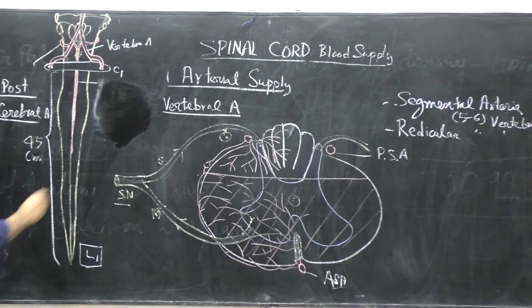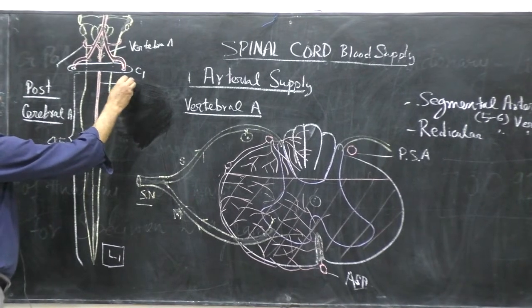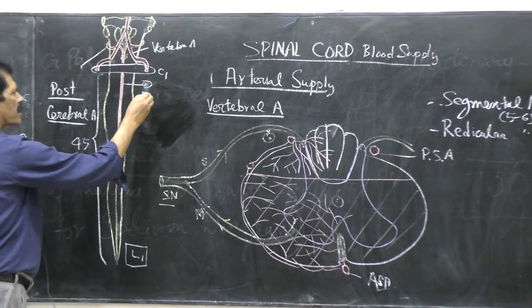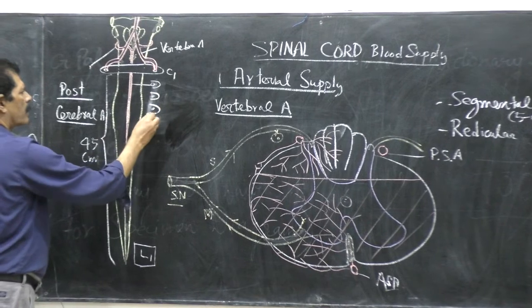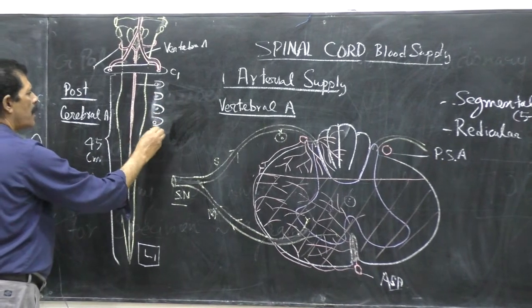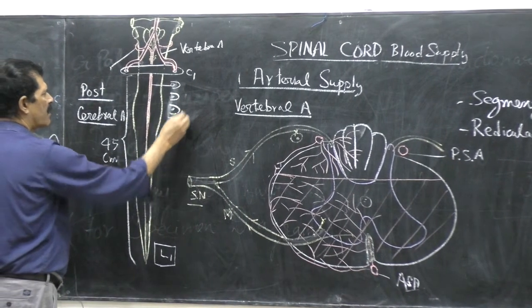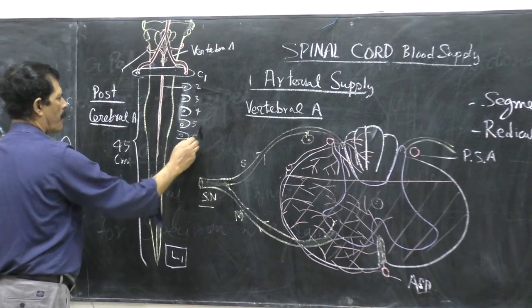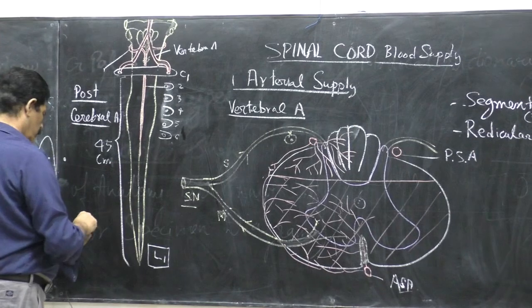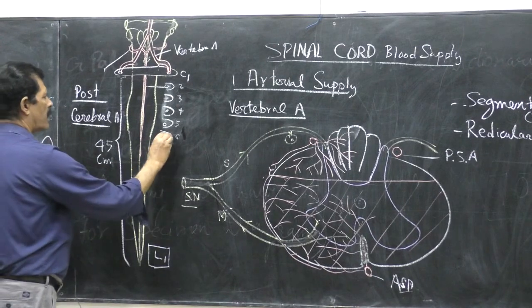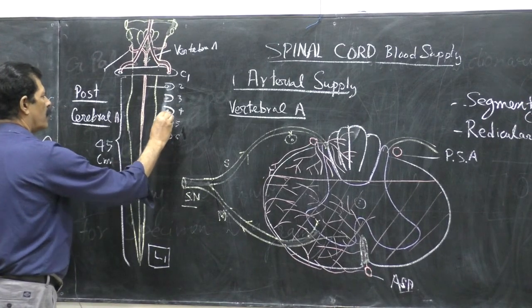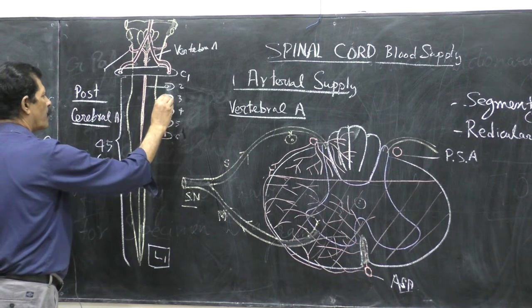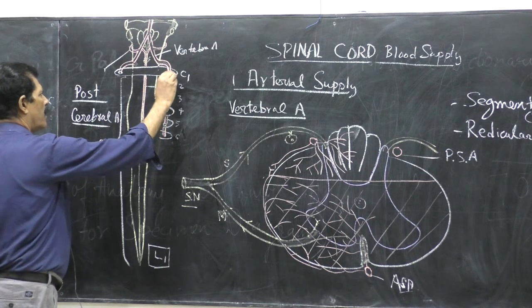As we know, the vertebral artery passes through the foramen transversarium of all the cervical vertebra except C7. So as this vertebral artery goes up, it gives the segmental arteries.